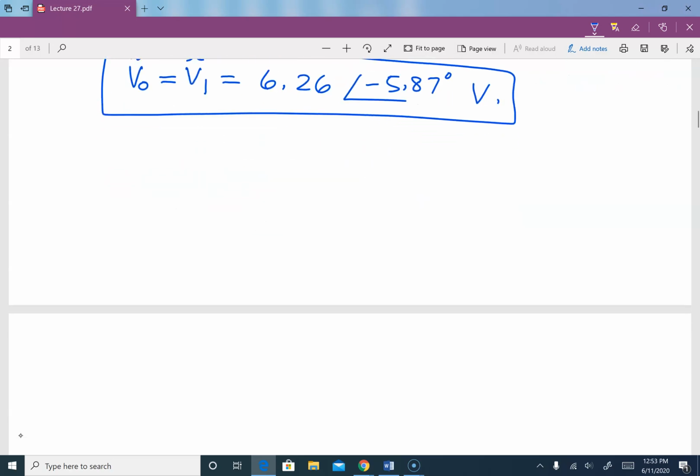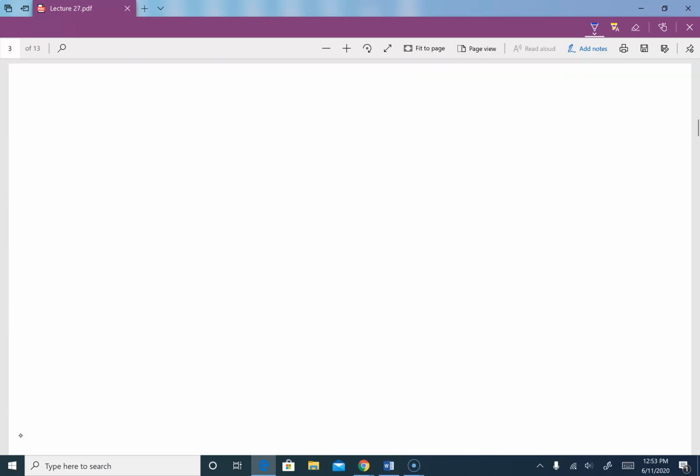So let us go over another example here just to show you more cases. We would like to find V naught in the circuit. And our circuit looks like this.